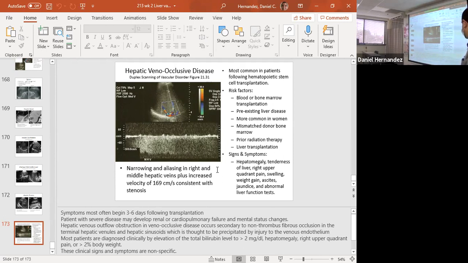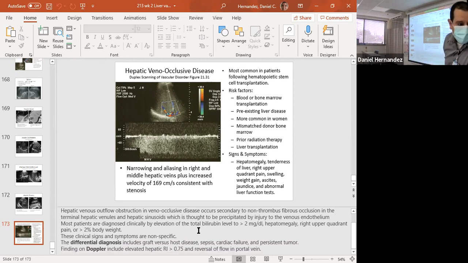Most patients are diagnosed clinically by elevation of the total bilirubin, right upper quadrant pain, and/or an increase in body weight. Clinical signs and symptoms are non-specific.